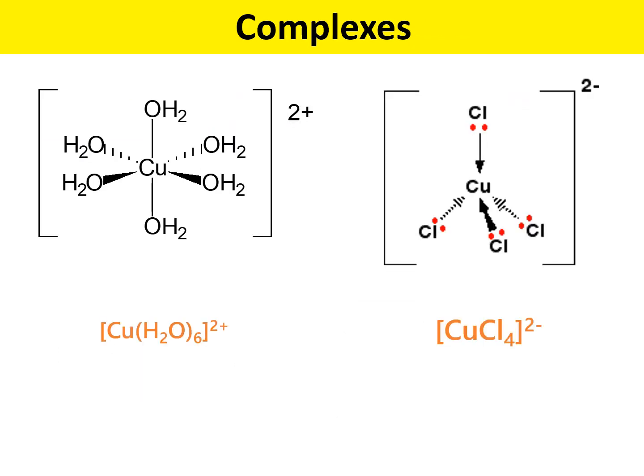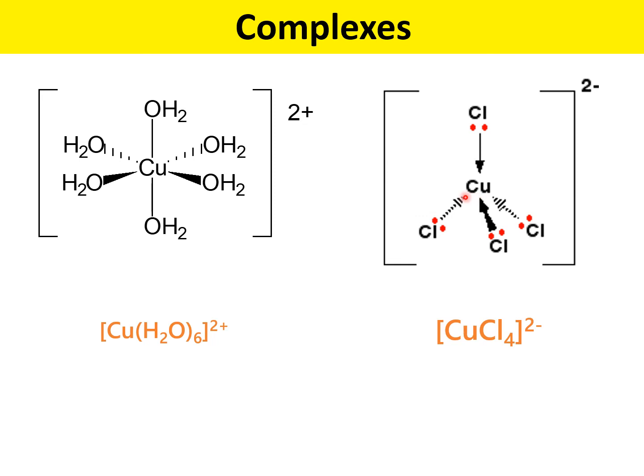These pictures show what a complex looks like. On the left-hand side, we have our hexa-aqua-copper complex, where the oxygen atoms in the water molecule have a lone pair of electrons that form a coordinate bond with the central copper ion.